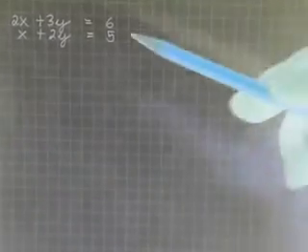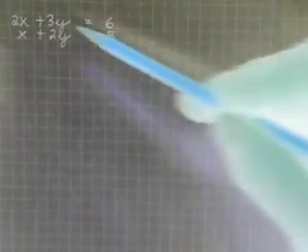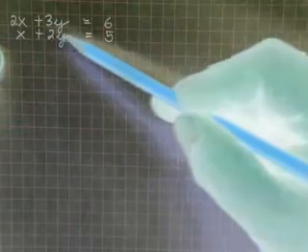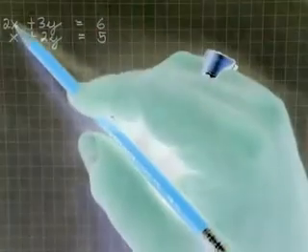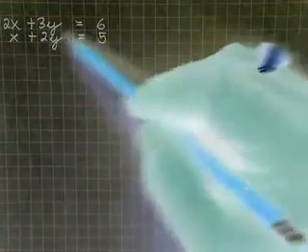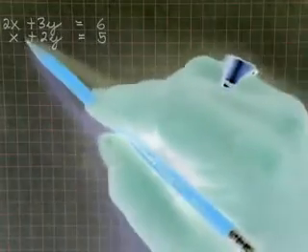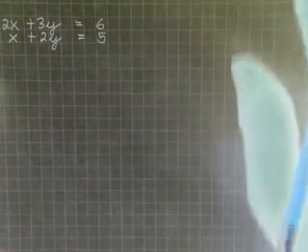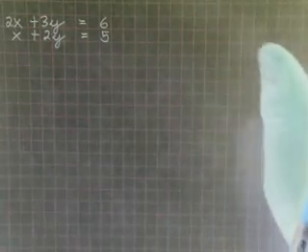Now as I look at this and I want to solve this system of equations, 2x plus 3y equals 6, x plus 2y equals 5. Everything's lined up. Nothing's going to cancel. Okay? Well, if I change something to a negative, will anything cancel? No. Nothing's going to cancel even if I switch things to negative.